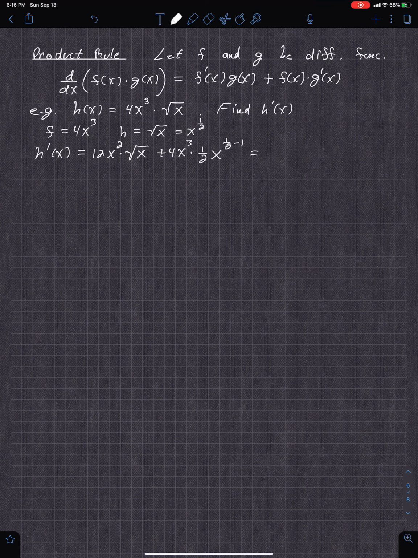You just do your algebra stuff. 12x squared root x, and that'll be plus, and that'll be a 2. So it ends up being 2x cubed over x to the 1/2, because x to the 1/2 minus 1 is negative 1/2. And so you can leave it like that, or simplify it. There's a lot of things you can do to manipulate this, but let's not get too bogged down in that right now.